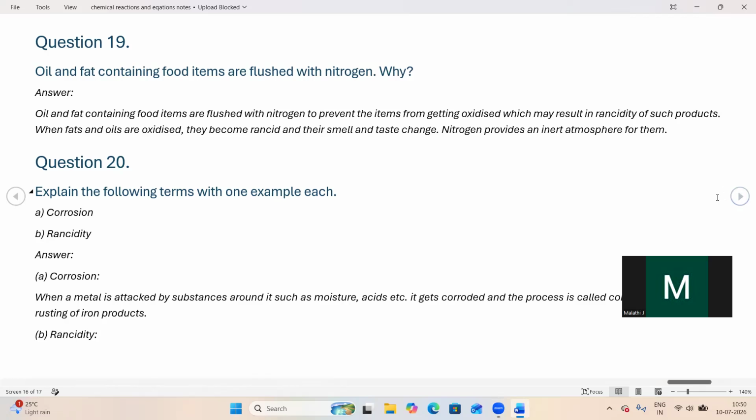Then explain the following terms: corrosion and rancidity. When a metal is attacked by substances around it, such as moisture and acids, it gets corroded. If you expose any metal to the atmosphere, it will rust or corrode. That process is called corrosion.